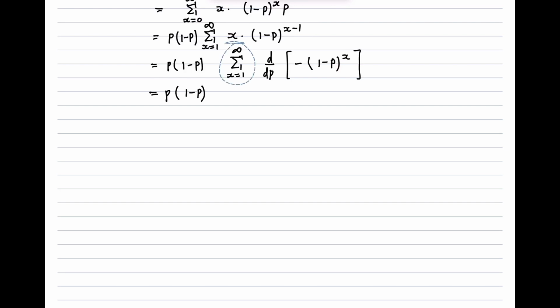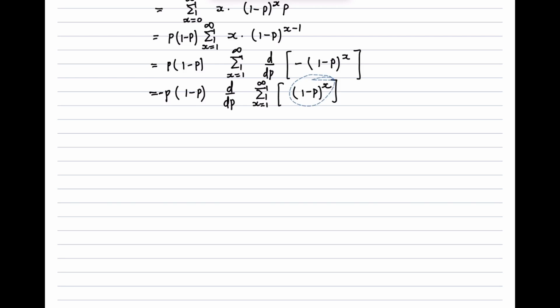When we take the sum of derivatives, that is the equivalent of taking the derivative of the sum, x equals 1 to infinity of minus (1 minus p) to the x, which is a very interesting expression. And in fact, I'm not going to put the negative inside. I'm going to take the negative and stick it out the front, because I don't like negatives in front of power series.